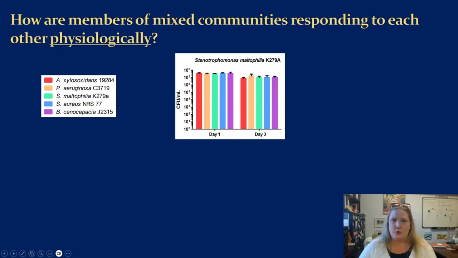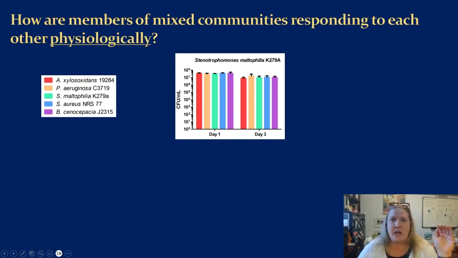So this is how much it grew just on its own. You can see when we mixed it with these other organisms, whether it's the red bars that are Achromobacter, the orange bars that are Pseudomonas, the blue that's Staph, or the purple that's Cenocepacia, the levels of Stenotrophomonas look very similar to monoculture. Stenotrophomonas tends to ignore everybody.